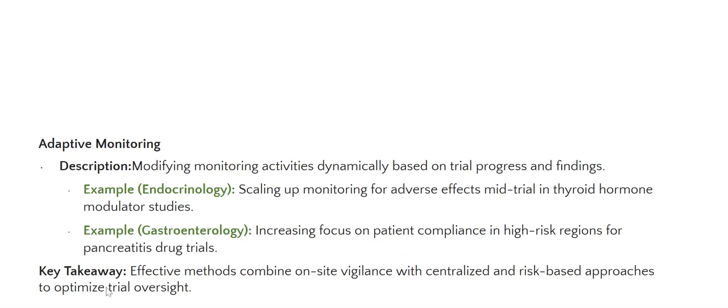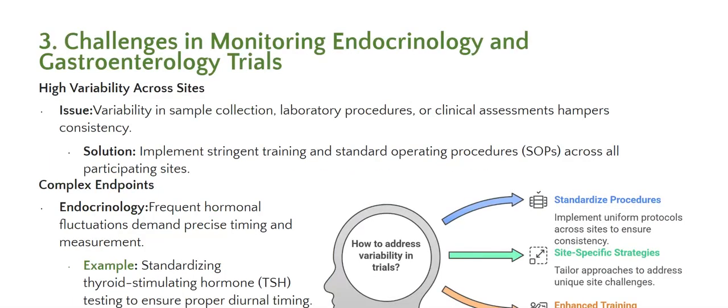The key takeaway here: effective methods combine on-site vigilance with centralized and risk-based approaches to optimize trial oversight. As in any implementation within a clinical trial, there are always challenges to face.